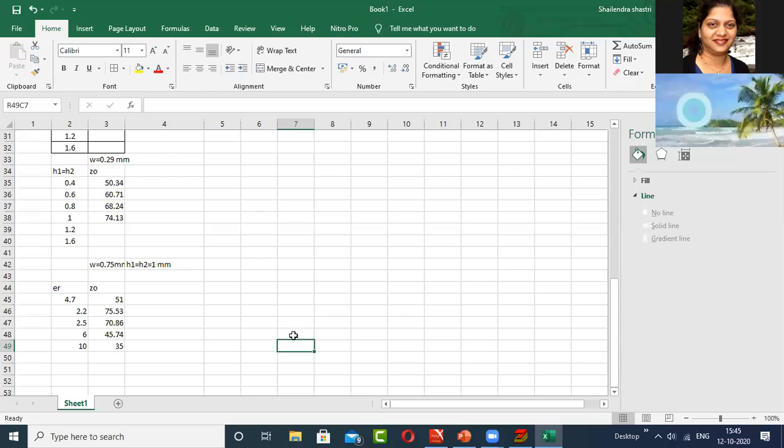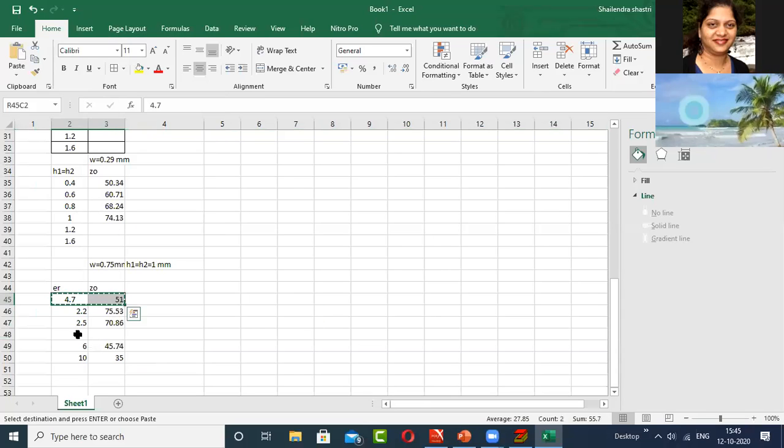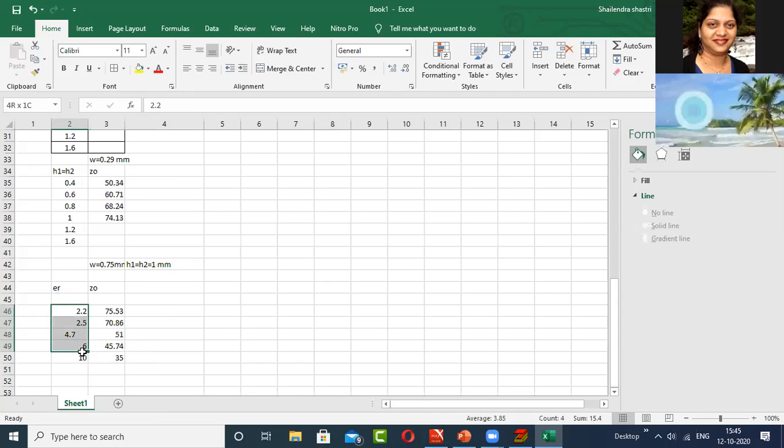Right? Okay, so let's have this. So you can see that as the dielectric constant increases, the characteristic impedance decreases.